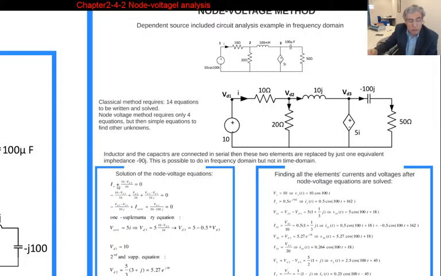We've got to write another supplementary equation. We're going to write this equation by using the definition relation of this dependent source. If you write this definition relation like this and leave it as it is, this is not yet the supplementary equation.